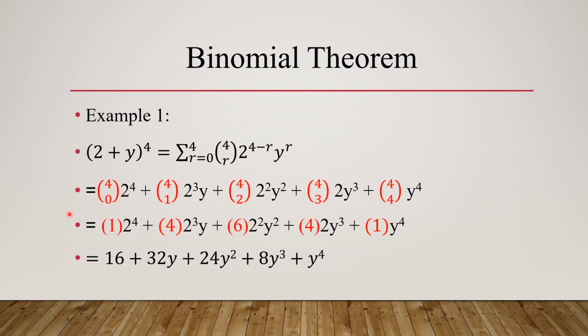So when we come back to this example, we can see that after this line, originally we wrote C40, C41, C42, C43, and C44. Now we can see that it corresponds to the numbers 1, 4, 6, 4, 1.